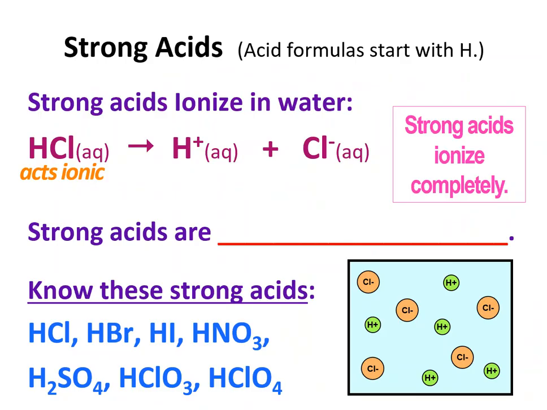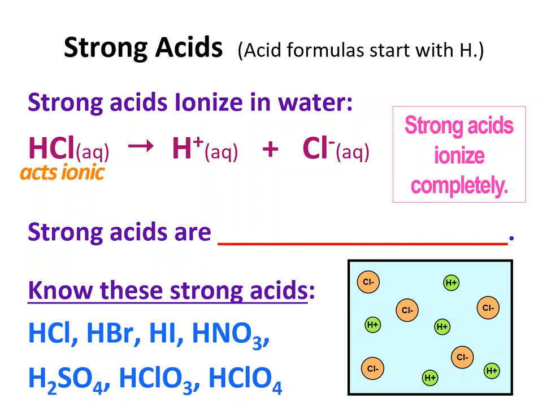Acids. Acid formulas start with H. You have some acids that are strong and some that are weak. The strong acids ionize completely. Remember that strong always means totally ionizes. And so even though an acid doesn't look ionic, it has nonmetals, acids act ionic when you put them in water. They do ionize.